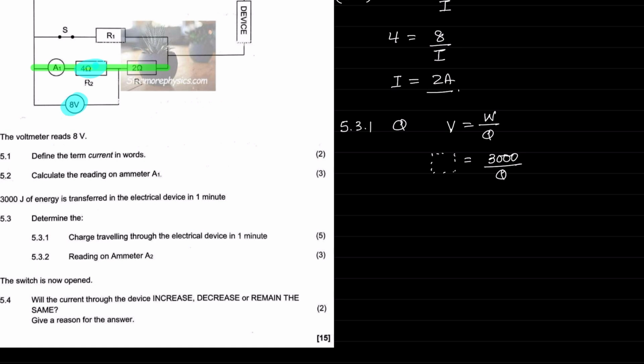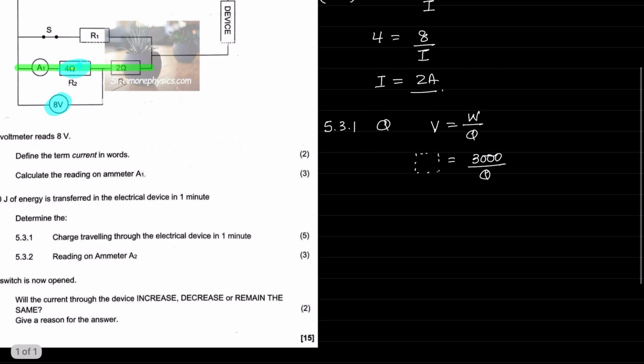And to work it out, we can focus once more on this green branch. We can work out the voltage that green branch is using in total. We can use the formula V is equal to I times R. The current we worked out is 2, and the resistance in that branch is 4 plus 2, 6.